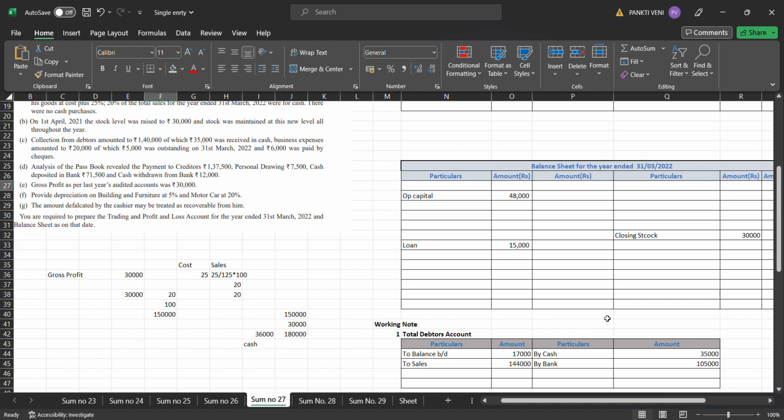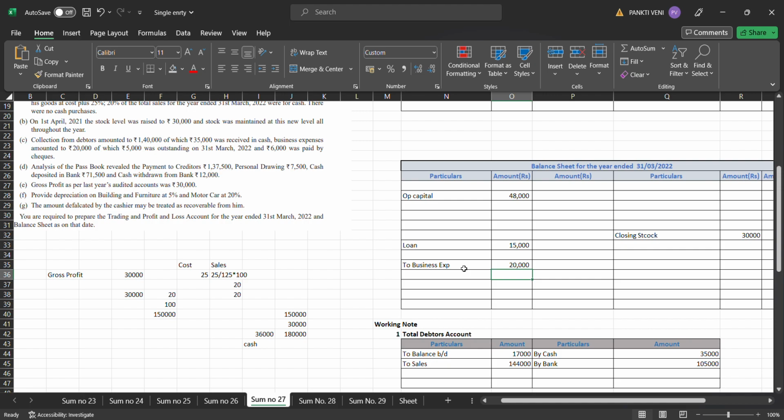Business expenses amounted to 20,000. So you are supposed to pay 20,000. So that's my P&L item. So business expenses, 20,000.